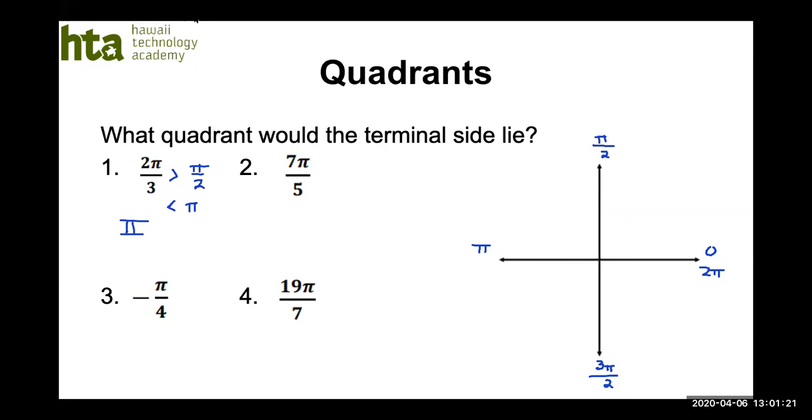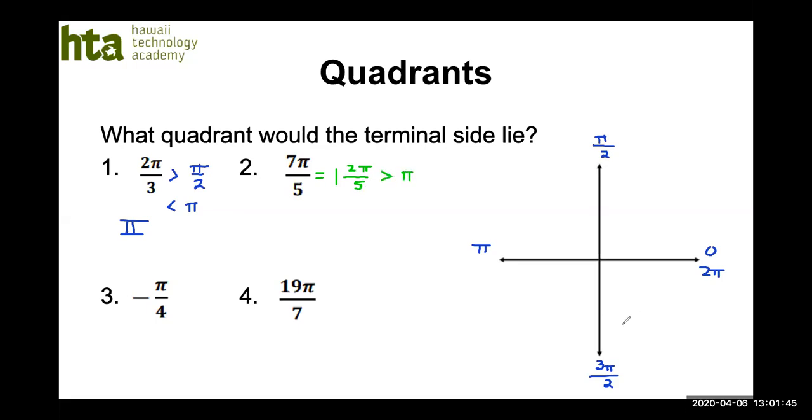All right, let's take a look at number 2. We've got 7 pi over 5. I'm going to rewrite this because we need to know how many ones it is. So 7 divided by 5 as a mixed number is 1 and 2/5. So 1 and 2 pi over 5. So we have more than 1. This is greater than 1 pi.